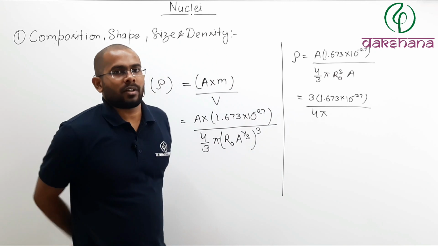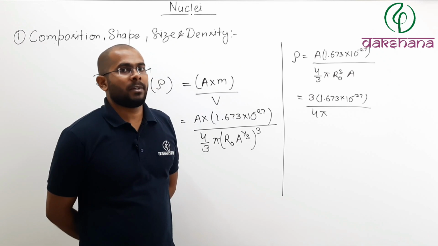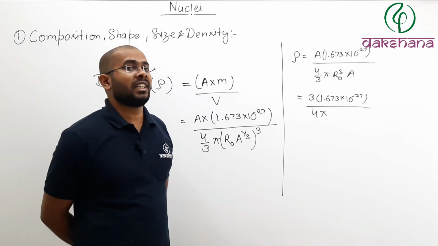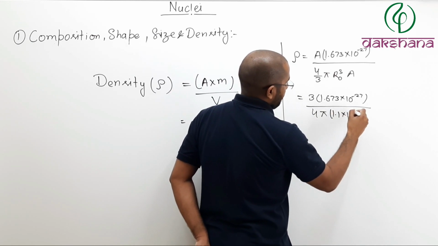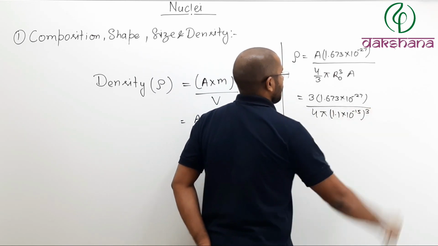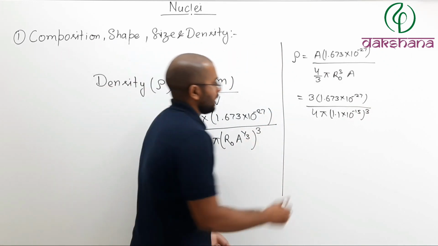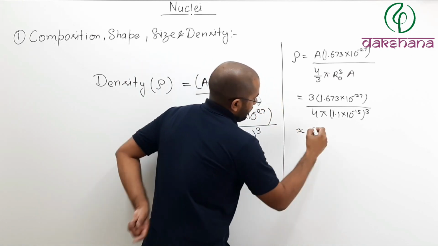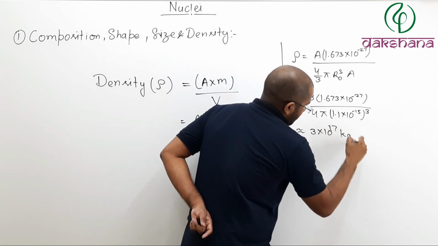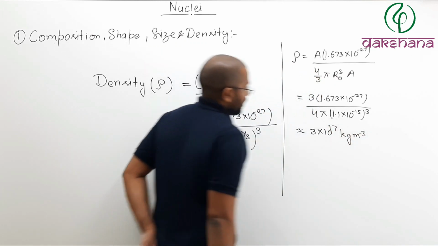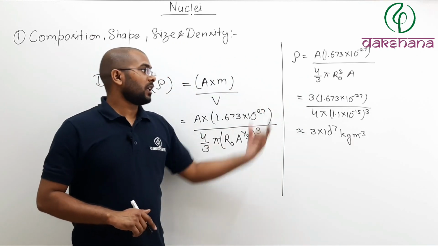And what was R naught? R naught was 1.1 Fermi meter. Fermi meter is 10 to the power minus 15. So this will be 1.1 into 10 to the power minus 15 meter cube. When you solve this entire thing, you will get approximately 3 into 10 to the power 17 kg per meter cube. That's how dense your nucleus is.